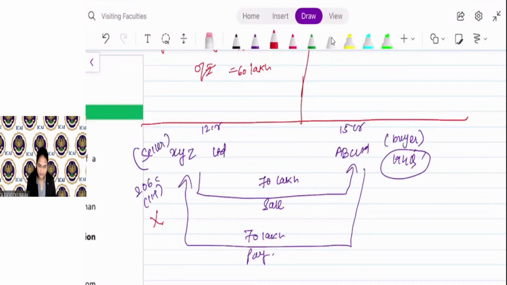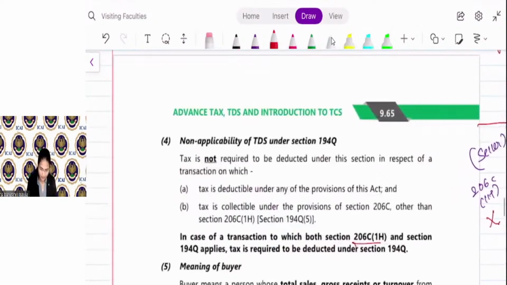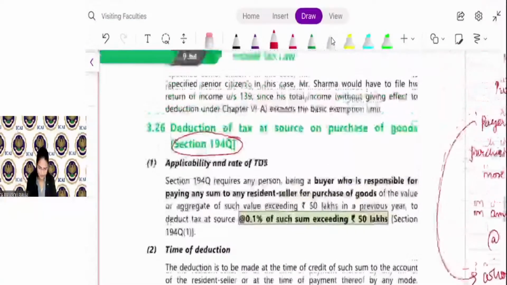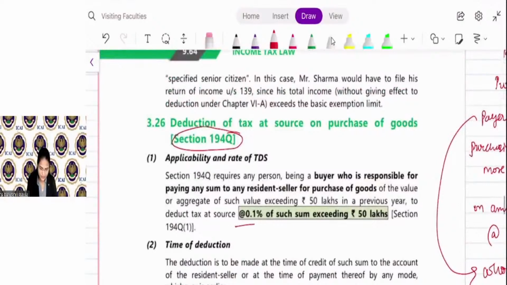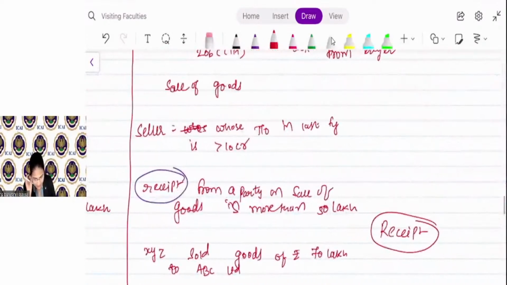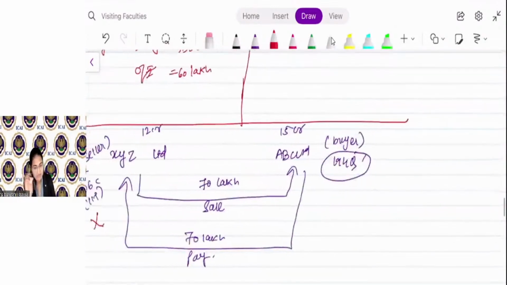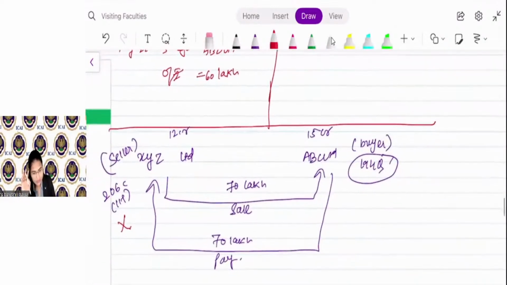Everyone clear with this? This is section 194Q. Rate of TDS 0.1%. If ABC Limited deducted TDS, then XYZ Limited is not required to collect TCS.